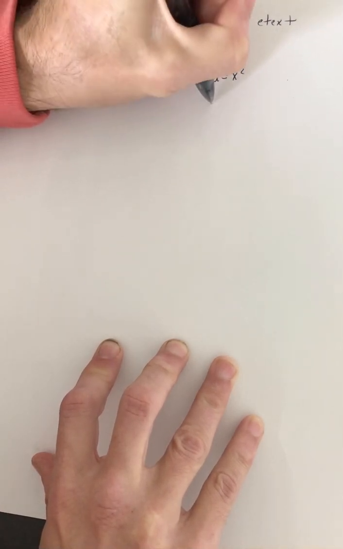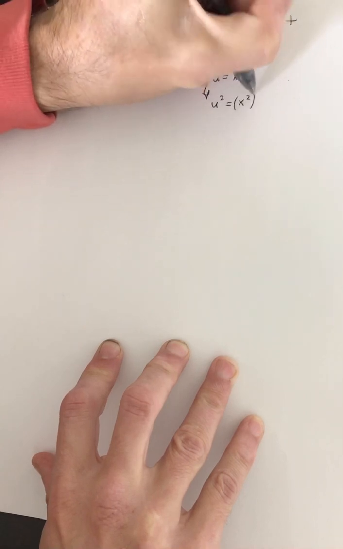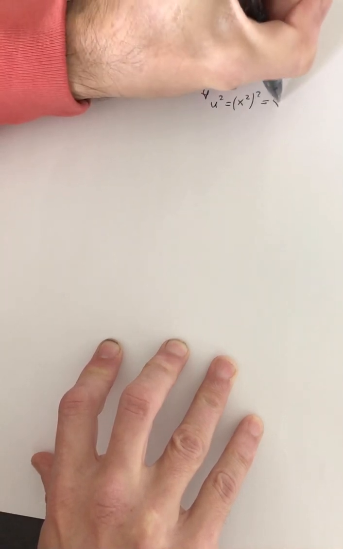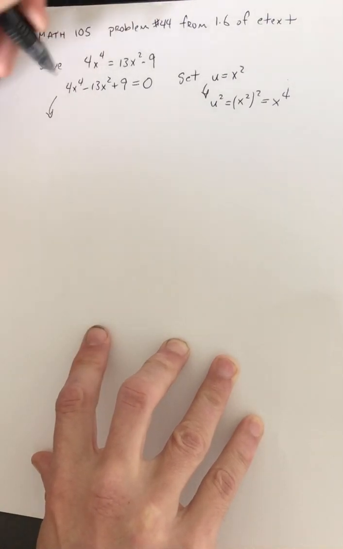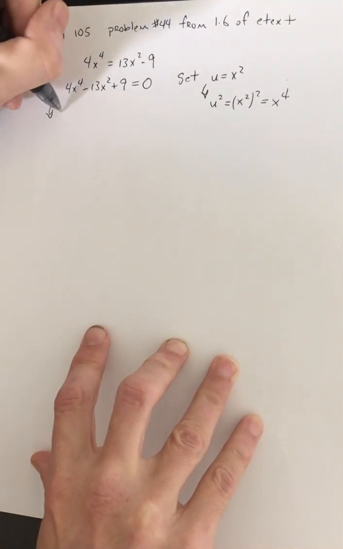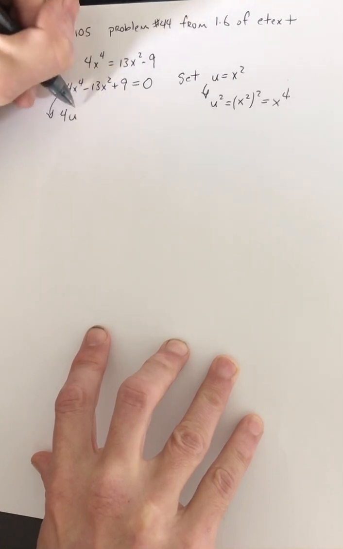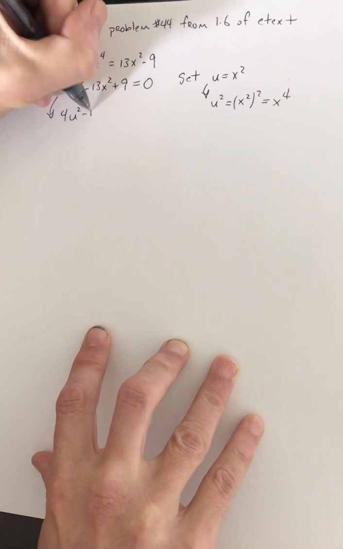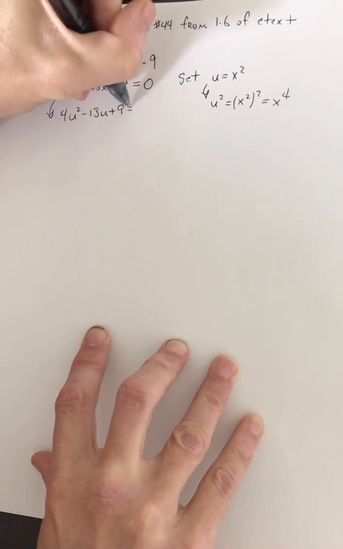Then notice that u squared is x squared squared, which is x to the fourth. Okay, so that means over here, if I change to u's, I've got 4u squared minus 13u plus 9 equals 0.